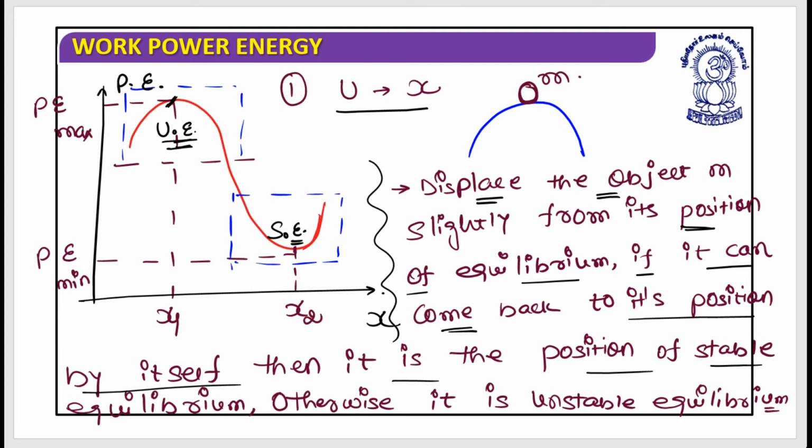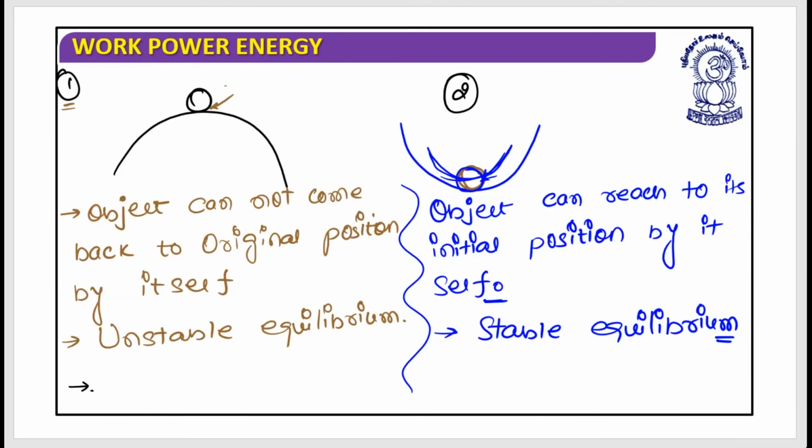When unstable equilibrium is there, your potential energy would be maximum. This is the concept which you might have discussed in your chemistry classes as well.